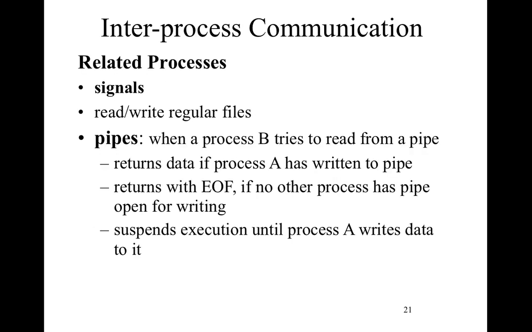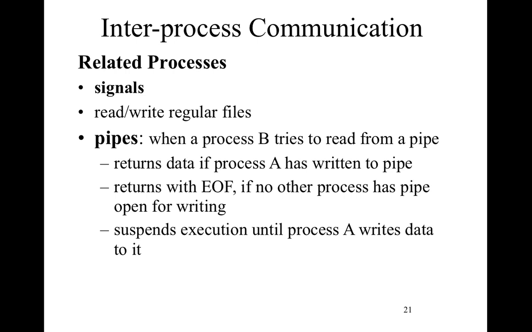So when you learn about inter-process communication, generally you learn about message passing, semaphores, mutexes, and indirect and direct communication. And pipes are an inter-process communication too. Actually, that's what we're going to get to next. So, signals, read and write regular files. Pipes are kind of like the intent from Android I was talking about earlier.